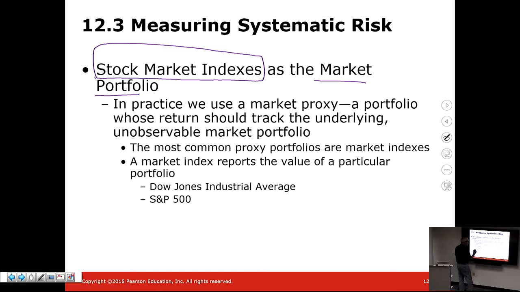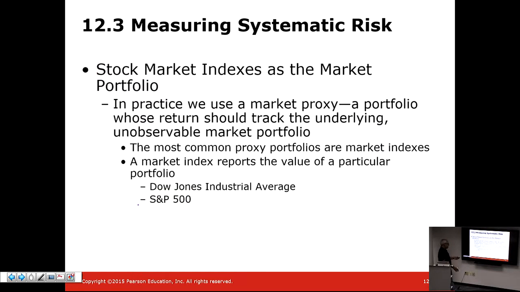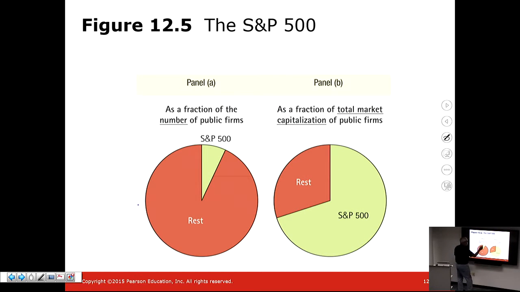And there are several ways in which this market index can be tracked. What we will limit our discussion to is the S&P 500 index. The S&P 500 index is a portfolio of 500 stocks that are chosen by the Standard & Poor's Corporation that represent the 500 largest stocks in our market. These 500 stocks, as a group, represent a small section of the total number of publicly traded stocks.